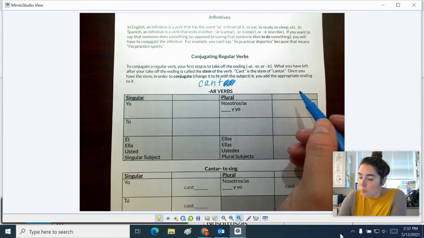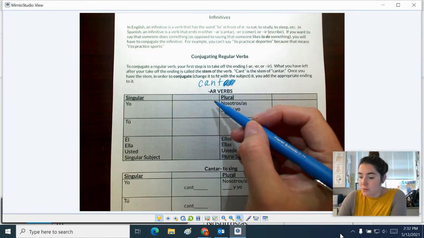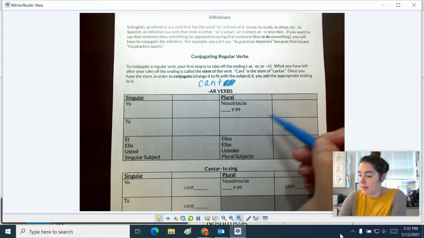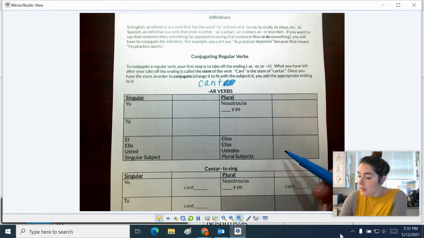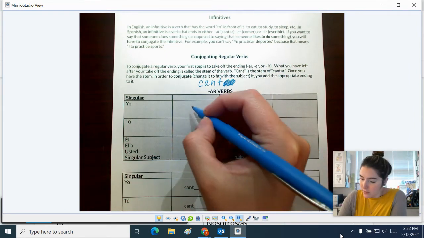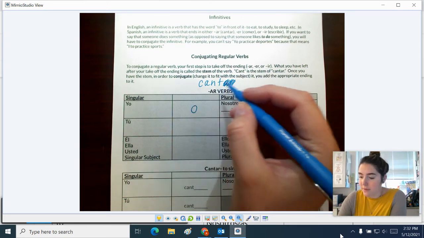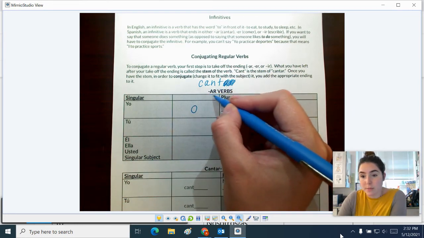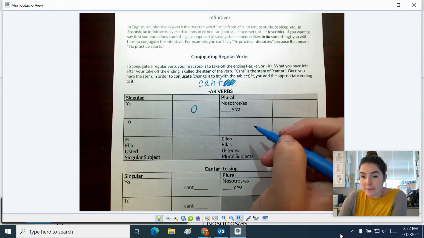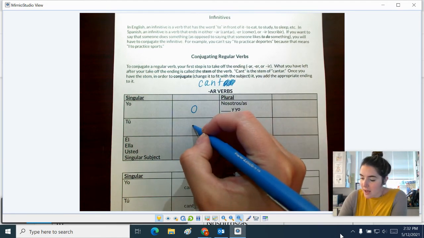So once you have your stem, you're going to add your following ending depending on who you're talking about. If I sing, it's going to be an O, or if I do any other verb that's an AR verb. If you do that verb that's an AR verb, your ending is as.